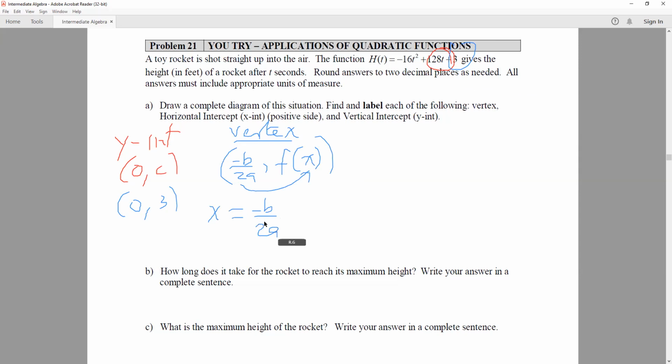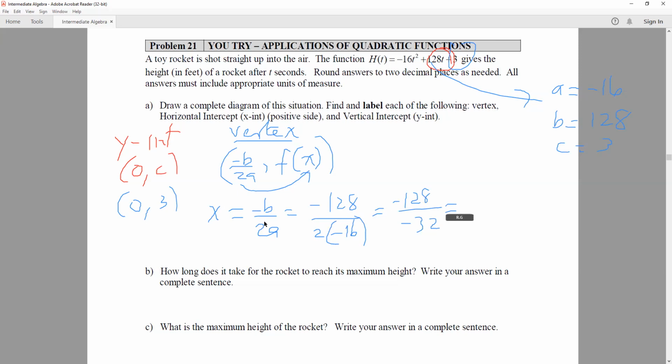From our function, our a is negative 16, our b is 128, our c is positive 3. So we have negative 128 over 2 times negative 16, which is negative 128 over negative 32. This is going to give us a positive number. We're going to have 4 for x.